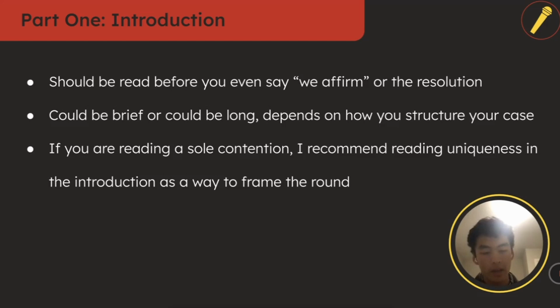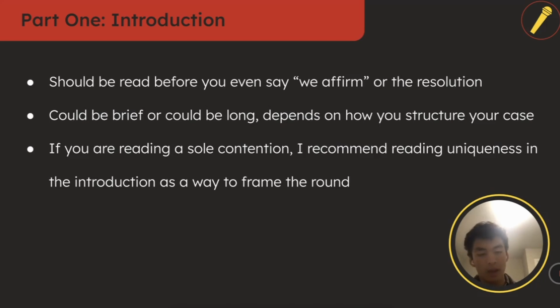The reason I think an introduction could be very beneficial, especially in front of lay-oriented judges, is because it gives them a story, the background to the story, before your actual argument. This might seem counterintuitive since you would probably read the same evidence and the same arguments, just structured in a contention. But by structuring it as a general introduction before you even read the resolution, it allows them to process things before they hear the contention.